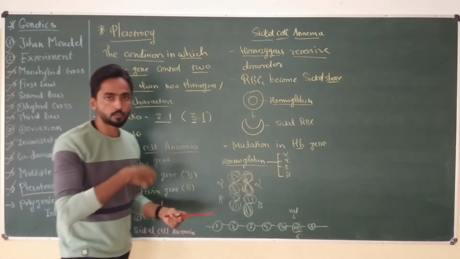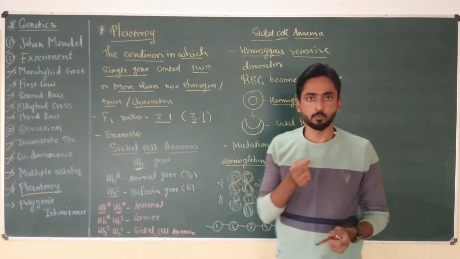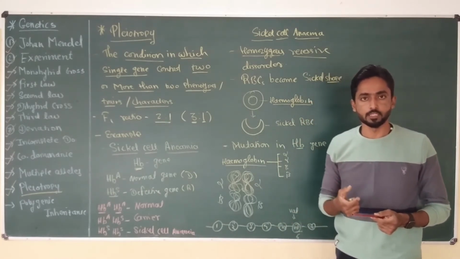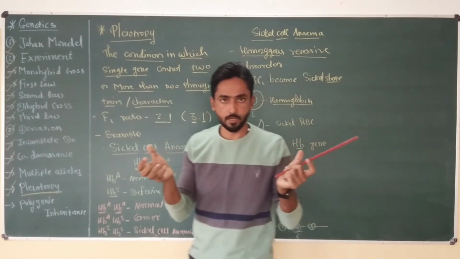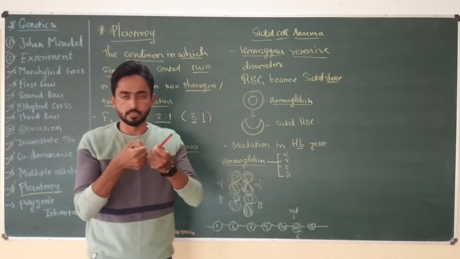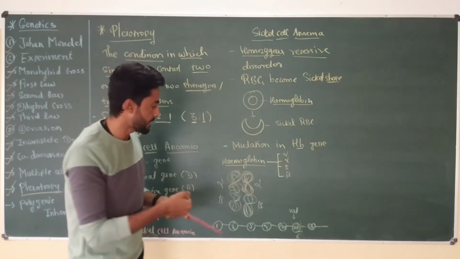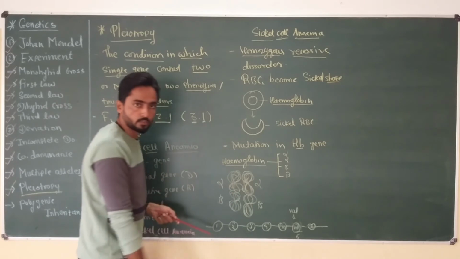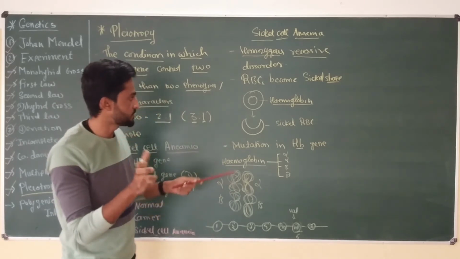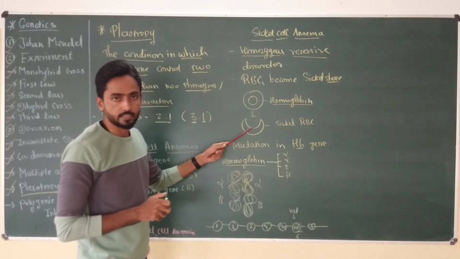Okay, the molecule is unable to bind to oxygen with full intensity, and due to which many different hemoglobin molecules come together, they form a group, and finally due to the hemoglobin joining, the shape of the RBC changes from round to sickle.